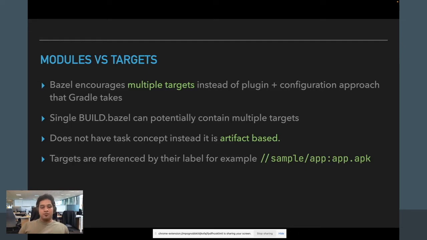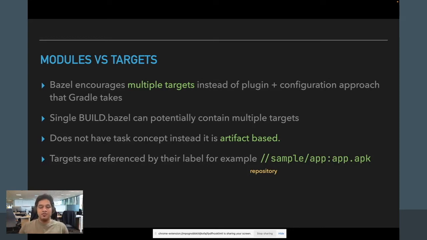So targets in Bazel are referenced by their label. This is a simple label that we have, like //sample/app:app.apk. What this basically means is that the first bit, the double slash, is called the repository. So in Bazel, it is common to have different repositories.